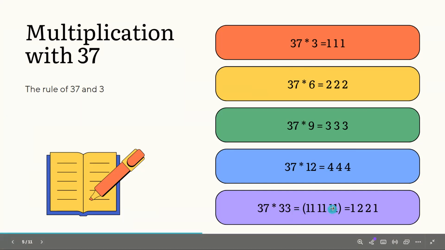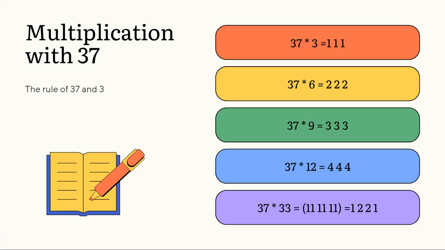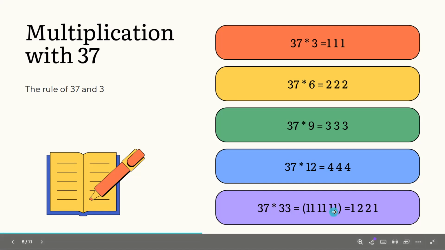So here we are going to add: the last two digits will be kept the same and the remaining two digits will be added. So 1 plus 1 and 1 plus 1. You can replicate this calculation for 37 into 36 and whatnot, and you'll get the solution. So whenever you see a two-digit number coming here, suppose it is 11 and here is 12 and here is 5, whenever there is a two-digit number, you need to add.